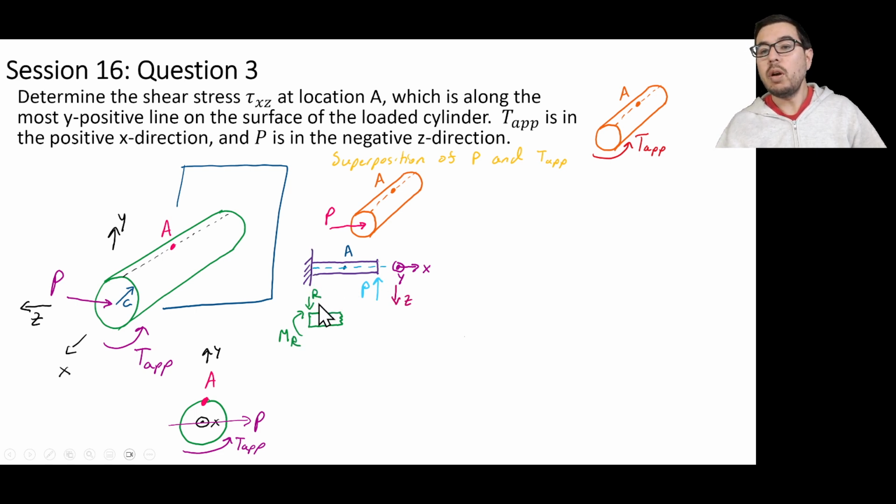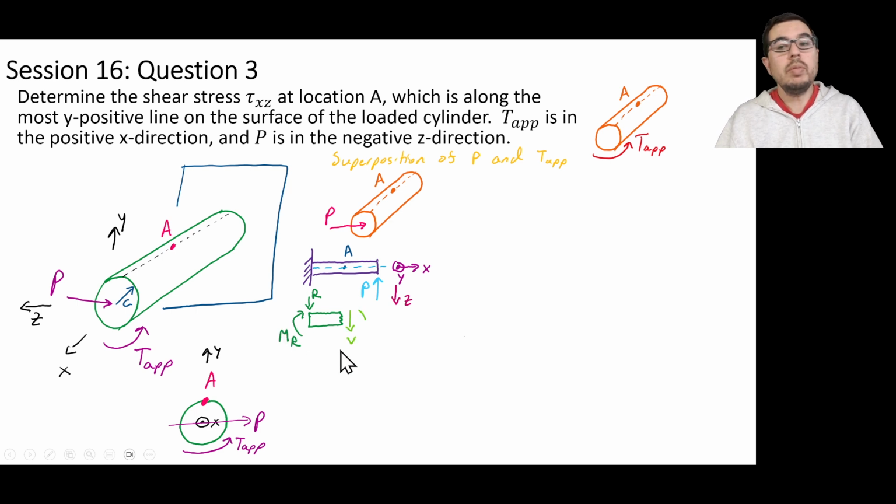So we have R, which is going to be chosen to go downward to counteract P, and M R is going to be clockwise, which makes sense to counteract P times whatever the length of this beam might be. I haven't put much thought into these reaction force and reaction moment, but I have an idea that I would like them to be positive, and I get to choose whatever I want for the external loads.